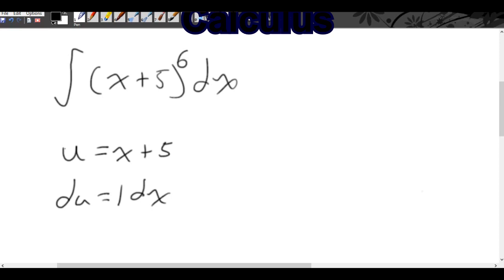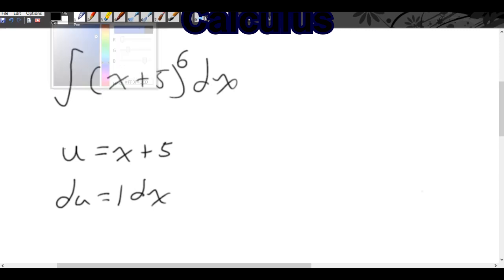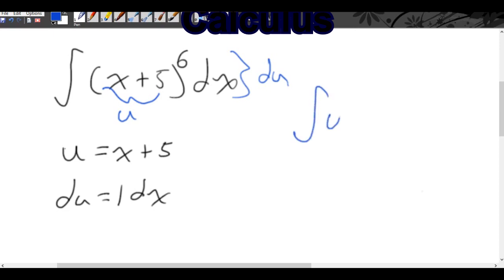And I'm going to put a label here just so you can understand where it goes to what. So remember, this entire thing here is our u now. Differentiating it will change this into du. In this case, we're going to have the integral of u to the power of 6 du.